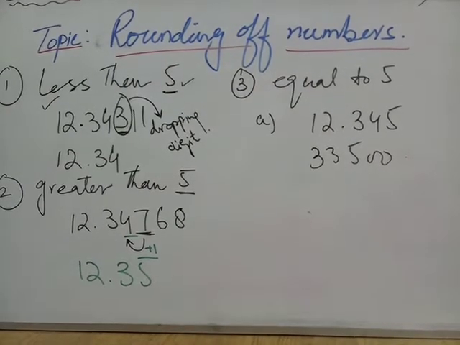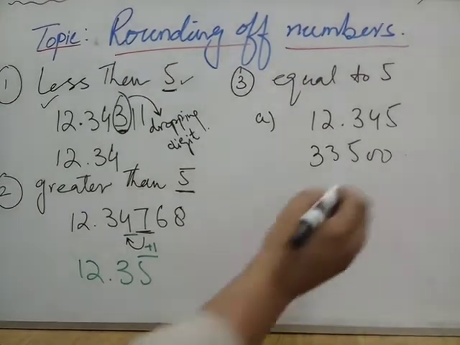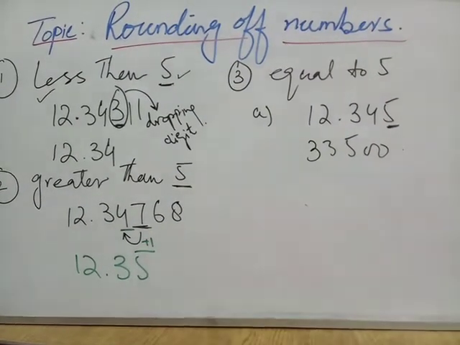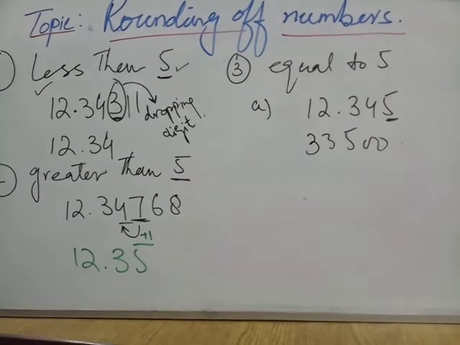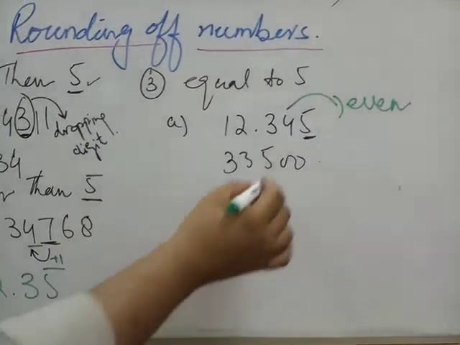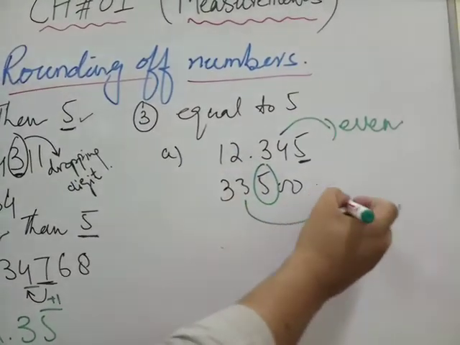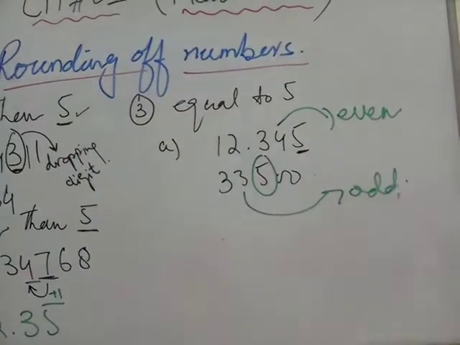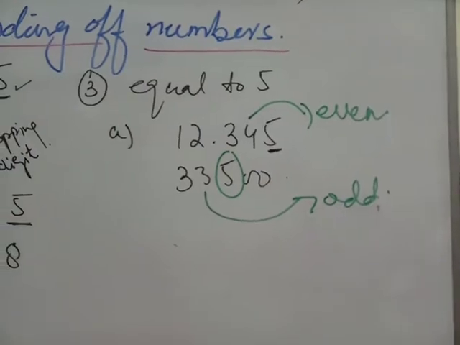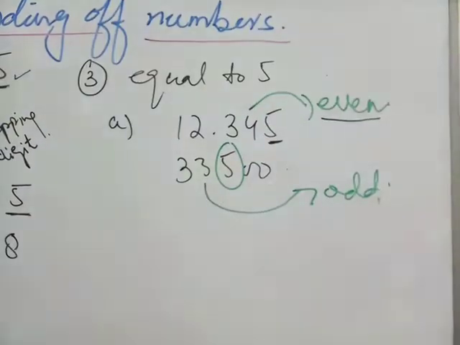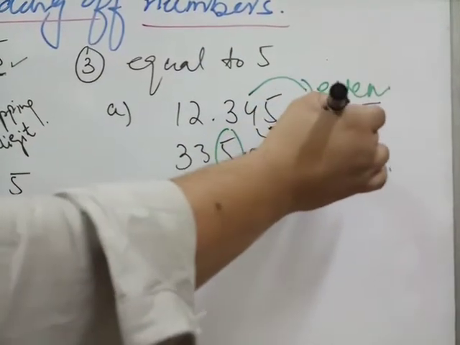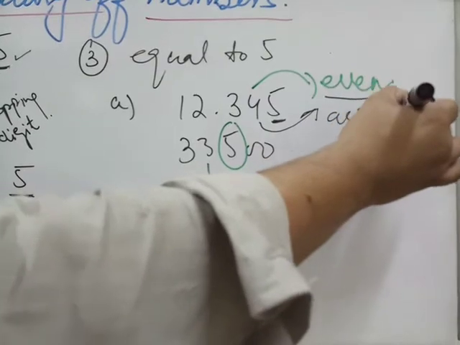If we are dropping this 5 and the last digit is even, it is kept as it is.